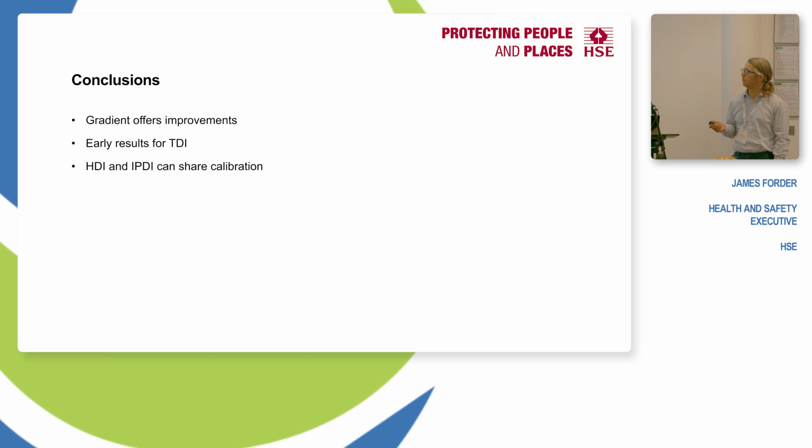But early indications are that you can improve your calibration. I mentioned earlier that each monomer needs to be calibrated. There are early indications that aliphatic monomers can share calibrations because their UV signals are the same. So you wouldn't need to calibrate for both HDI and IPDI, which would be a simplification.